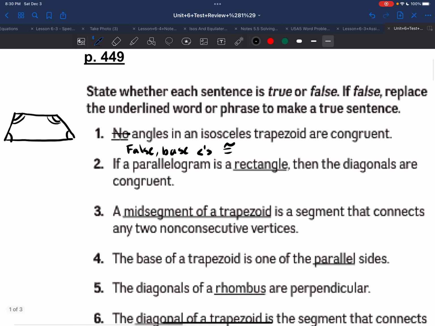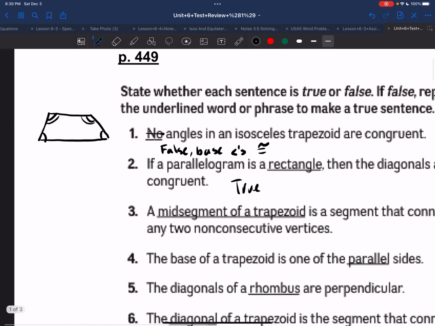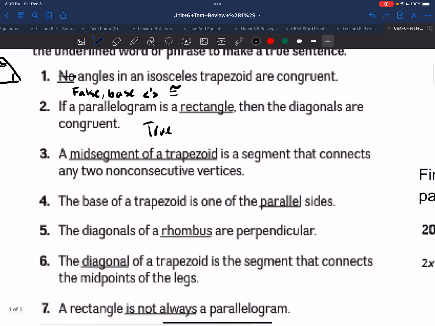Okay, number 2, if a parallelogram is a rectangle, then the diagonals are congruent. That's true. And then number 3, a mid-segment of a trapezoid is a segment that connects any two non-consecutive vertices. By vertices, I'm talking about the little corners on a trapezoid.